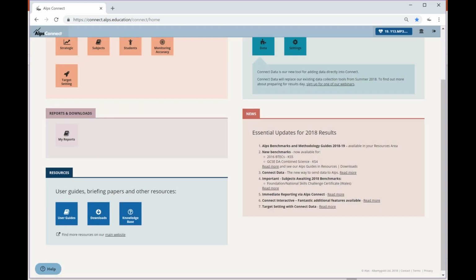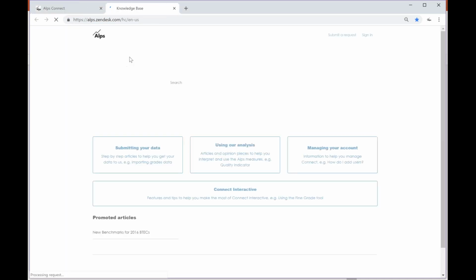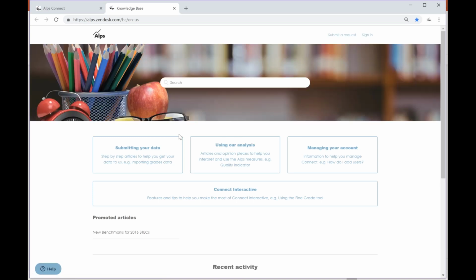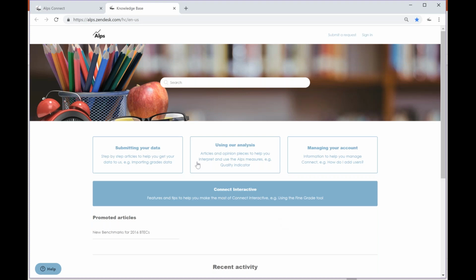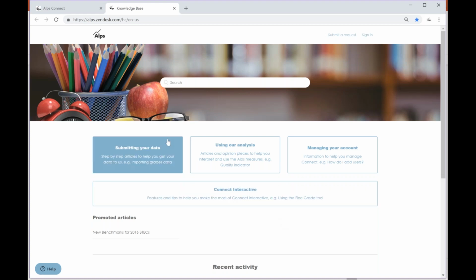Now, a really important area is this knowledge base. Let me click on it. It takes you through to our knowledge base, which is on this web browser here. Basically in here we've added and we're continuing to add loads of what we hope is really helpful information and shorter videos that demonstrate a couple of things. One is how you get your data in the first place, so that's for data managers and those responsible for that.